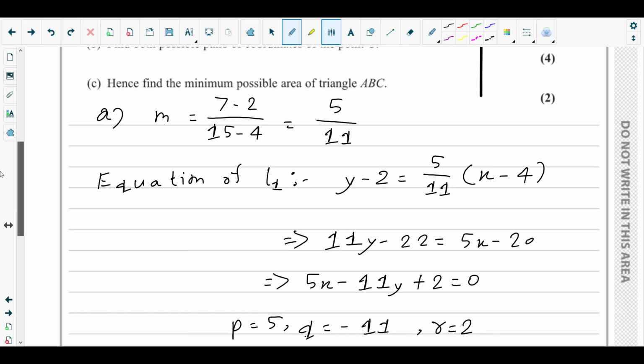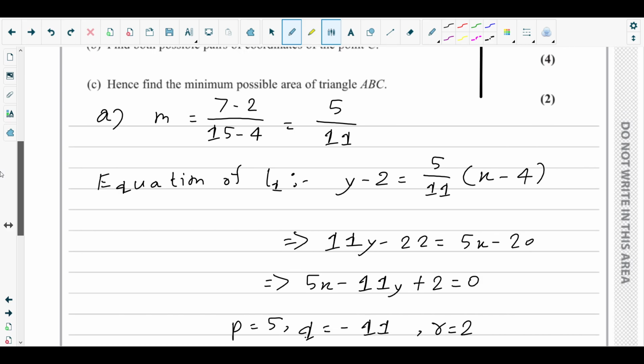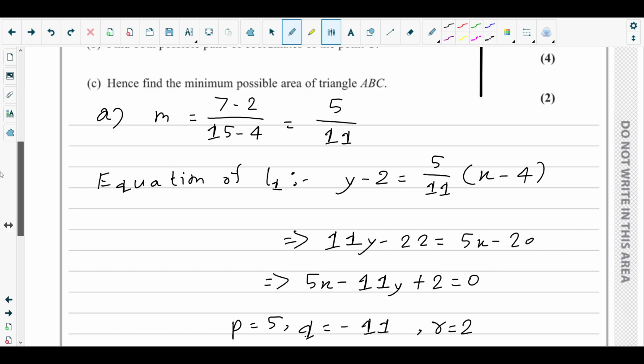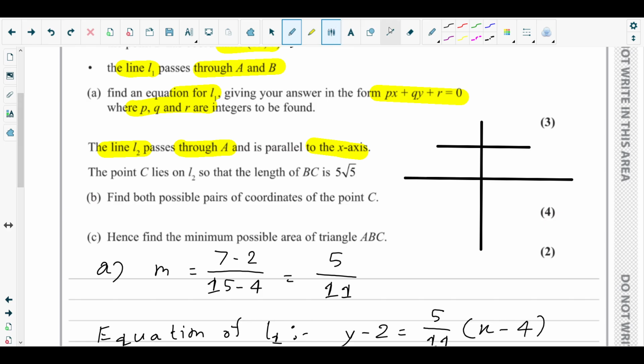The gradient is 5 over 11, and the y-intercept, if you put x equals 0, you will get y equals 2/11, which is positive. I'm considering the y-intercept to sketch line L1, so it would be like this. Just a sketch. This is line L1 for your understanding, and this is line L2 that is parallel to the x-axis.